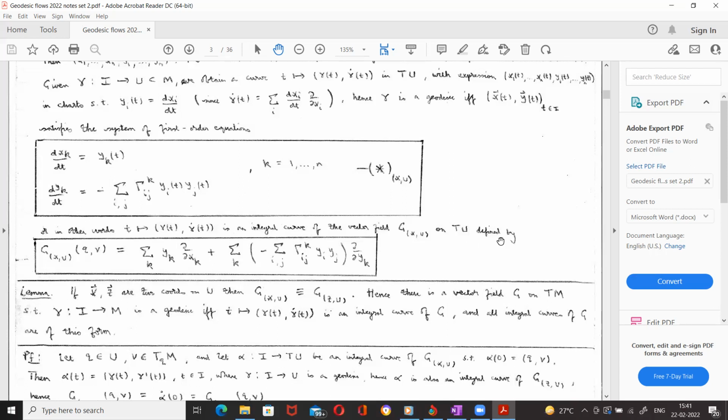This vector field is defined by G_{x,U}(q, v) equal to the sum over k of yk del/del xk plus the sum over k of (minus the sum over i,j of Gamma^k_ij yi yj) del/del yk. Is this clear?